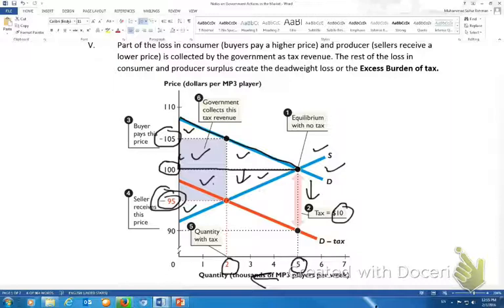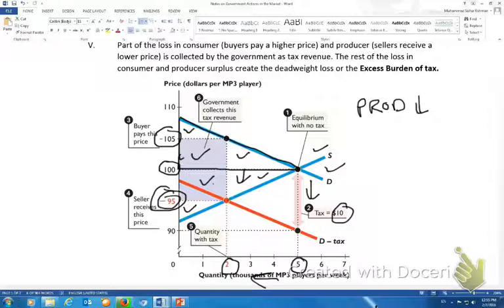Okay, so let's now imagine the effect of this government policy. So first of all, we notice that as a result of this tax, production is going down, right? Because production before was 5, now it is 2, so it's going down.